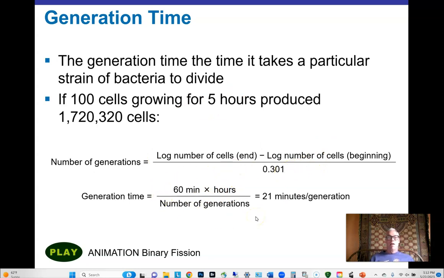If that's how many cells we got at X amount of time, then how many minutes must there have been for each generation? This math will allow us to figure out that the generation time, for this particular example, was 21 minutes. But a very common rule of thumb for a lot of bacteria that inhabit our GI tract, for example, is 30 minutes for a generation time. Some microorganisms, though, like Mycobacterium species, grow very, very slowly.